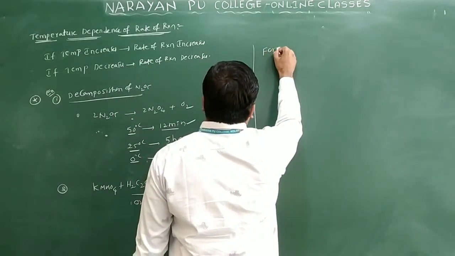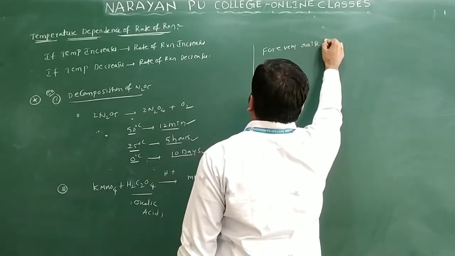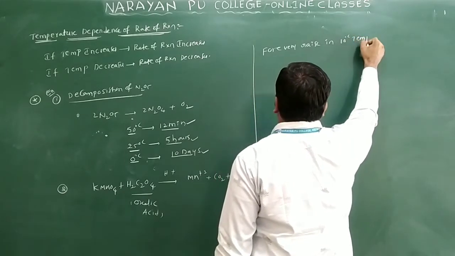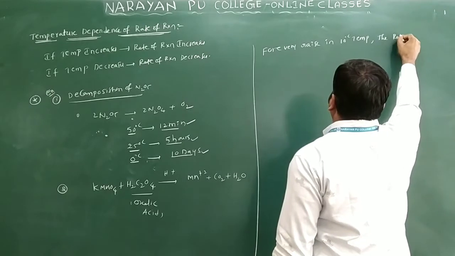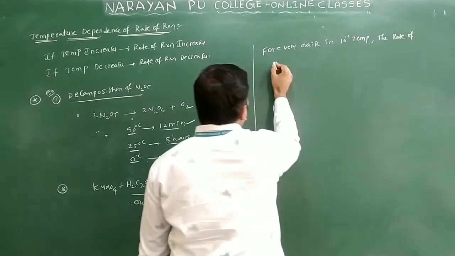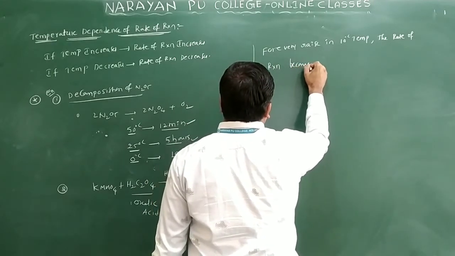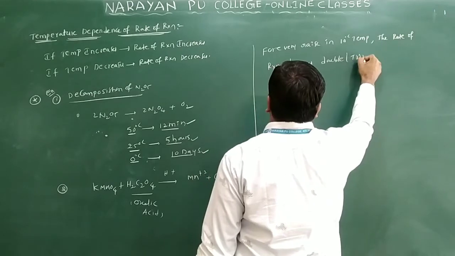For every rise in 10 degrees Celsius temperature, the rate of reaction becomes double or triple.